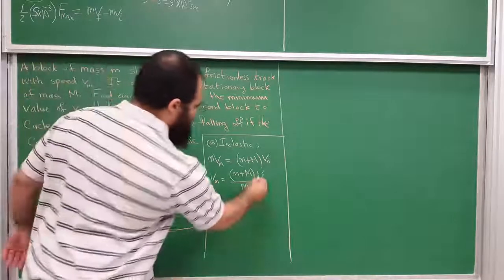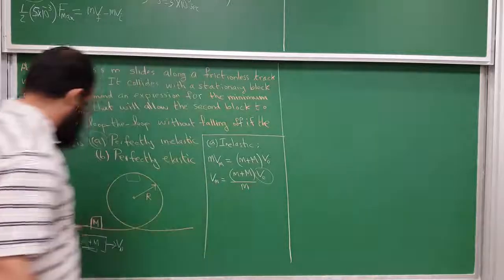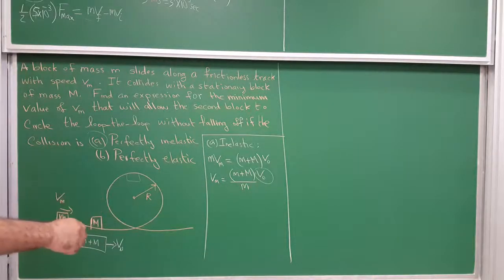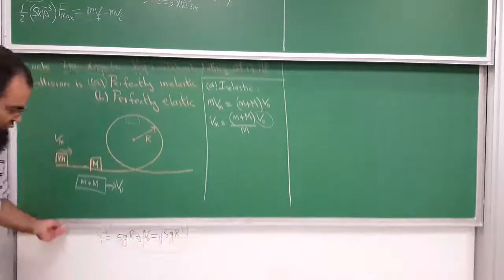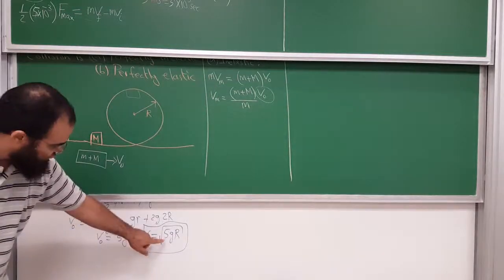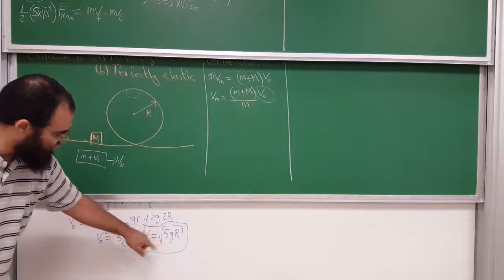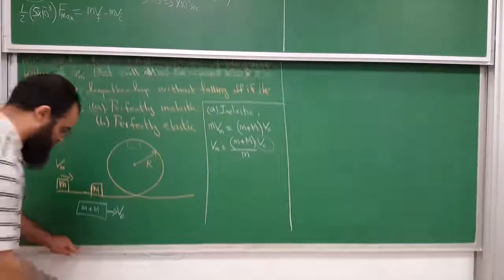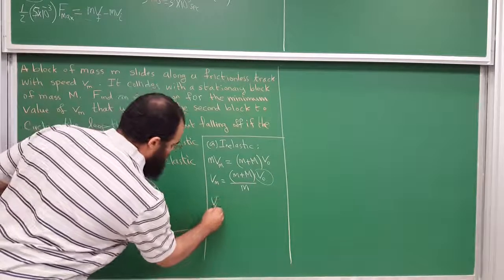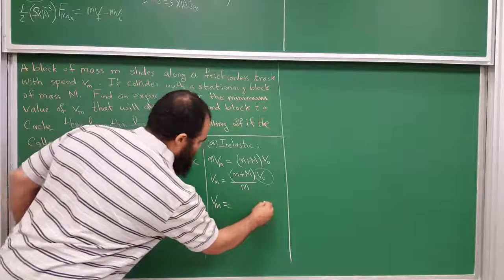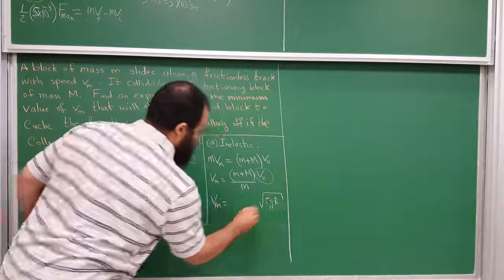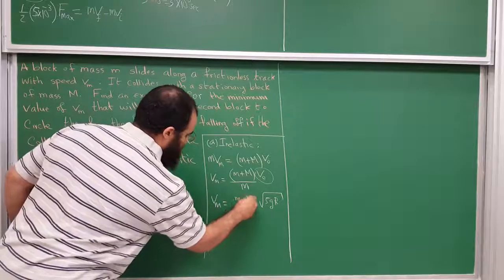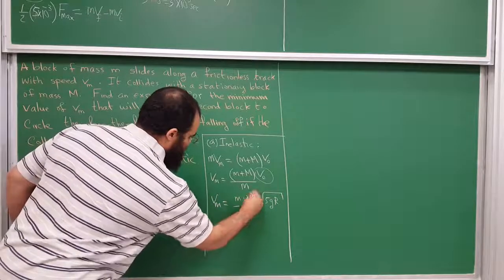But what is this minimum V naught here? What should their speed after the collision be so that it will make it through? Well, it should be the square root of 5gr. So Vm should be the square root of 5gr times (little m plus capital M) divided by little m.